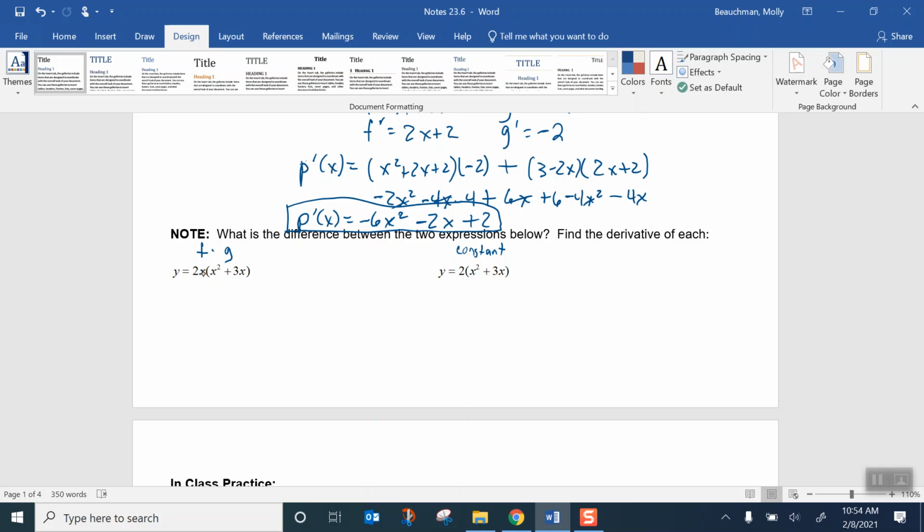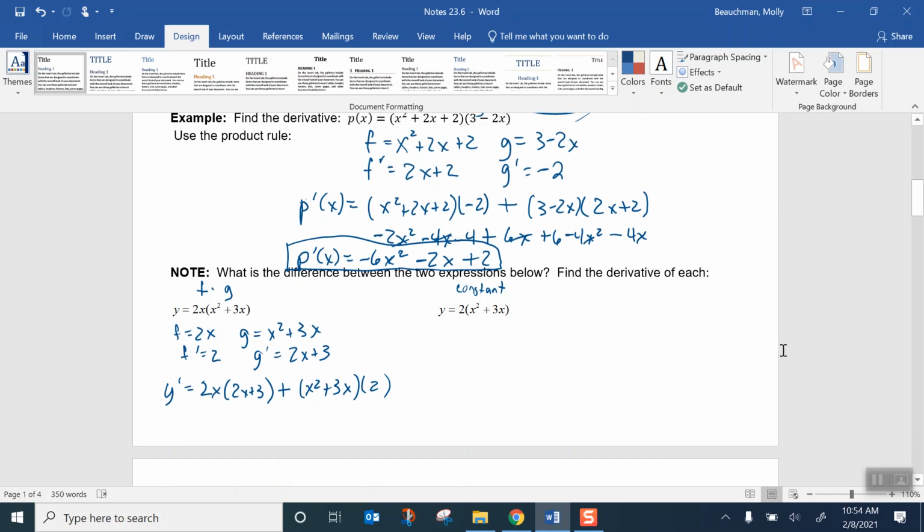So if we use the product rule on the first one, f is equal to 2x, g is equal to x squared plus 3x, then I find the derivative. F prime is 2. Derivative of g is 2x plus 3. And now I can find the derivative of the function by using the formula above. We take f, 2x, times the derivative of g, 2x plus 3, plus g, x squared plus 3x, times the derivative of f, which is 2.